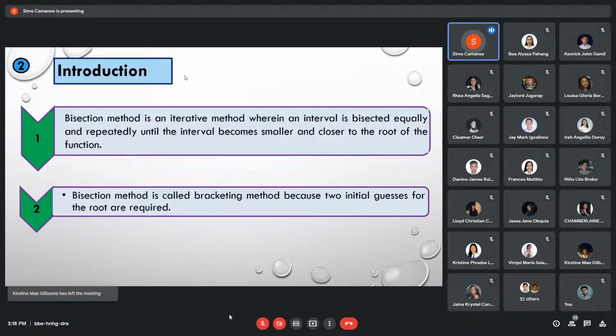For example, for function of 5, you substitute 5 as the value of x in your equation, so you get f of 5. Your two guesses, when substituted for x in your equation, should give function values with different signs. One positive and one negative, or one negative and one positive. It cannot be both negative or both positive. If both have the same sign, you have to make another initial guess until you get one positive and one negative.